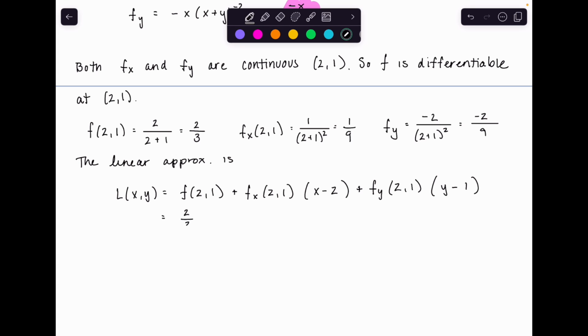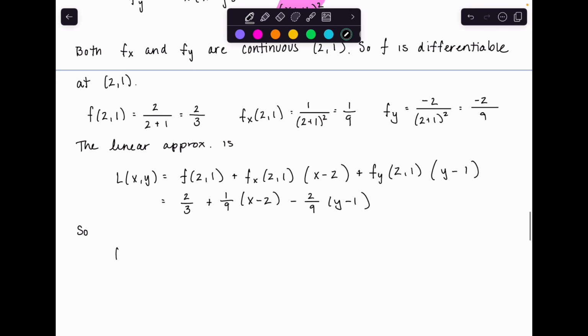So the first part is 2/3, then we've got 1/9 times (x minus 2), and then negative 2/9 times (y minus 1). So that is my linear approximation, and again, this is just telling me my z values are about equal to this. So my function is about equal to this tangent plane.